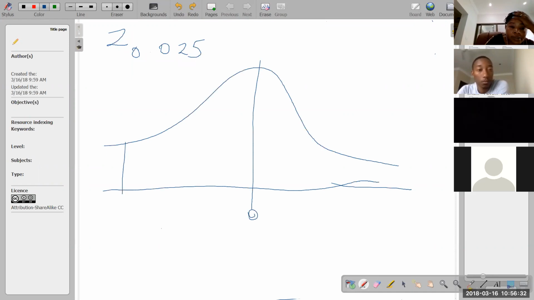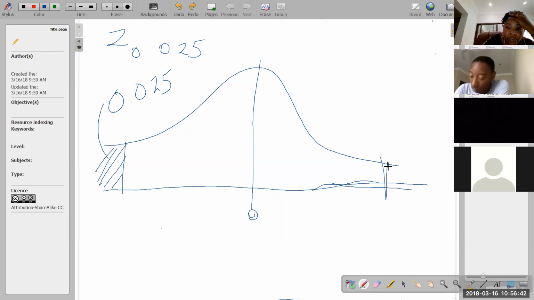This area is 0.025. It could also have a mirror image, 0.025.